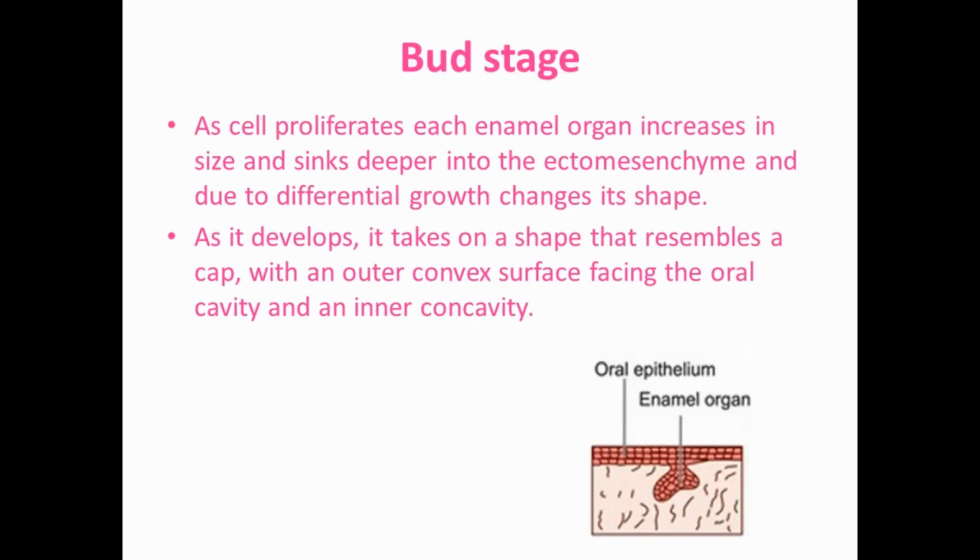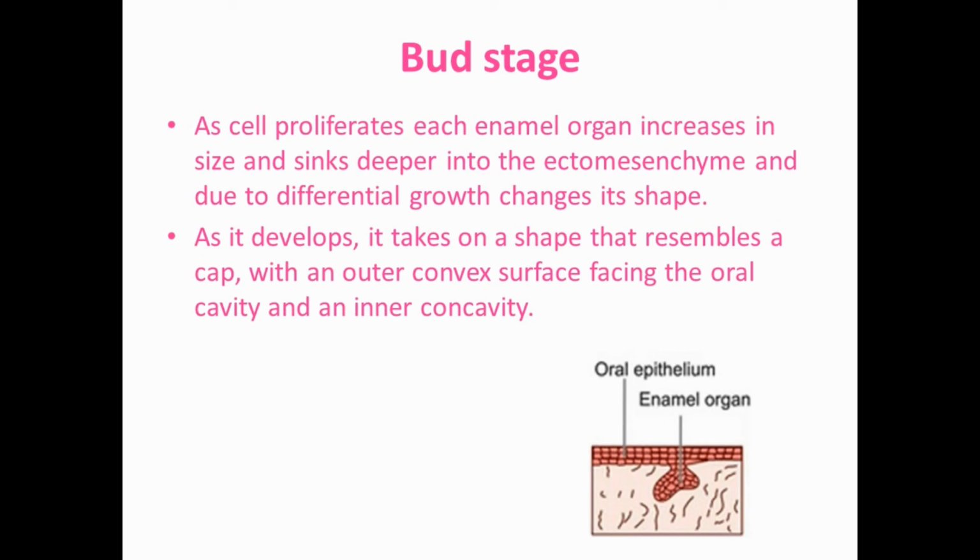Bud stage. As cells proliferate, each enamel organ increases in size and sinks deeper into the ectomesenchyme, and due to differential growth changes its shape. As it develops, it takes on a shape that resembles a cap with an outer convex surface facing the oral cavity and an inner concavity.